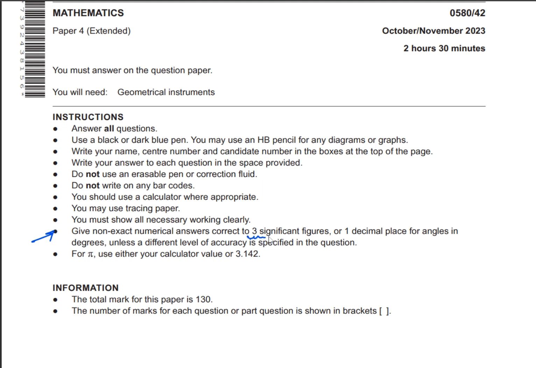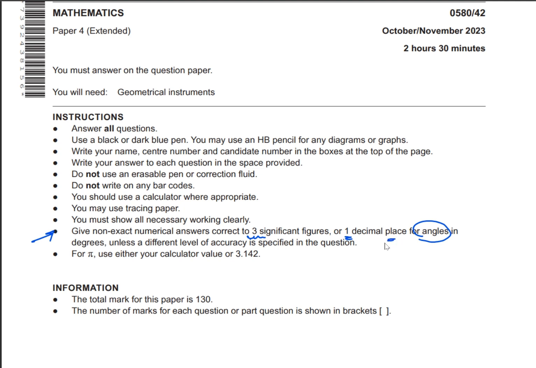So whenever he's asking you a question and he didn't mention in the question rounding to the nearest decimal point or 1 decimal, 2 decimal, 3 significant, 2 significant, whatever, I am going to put the answer correct to 3 significant figures. And for the angles, it is 1 decimal place. This is very important.